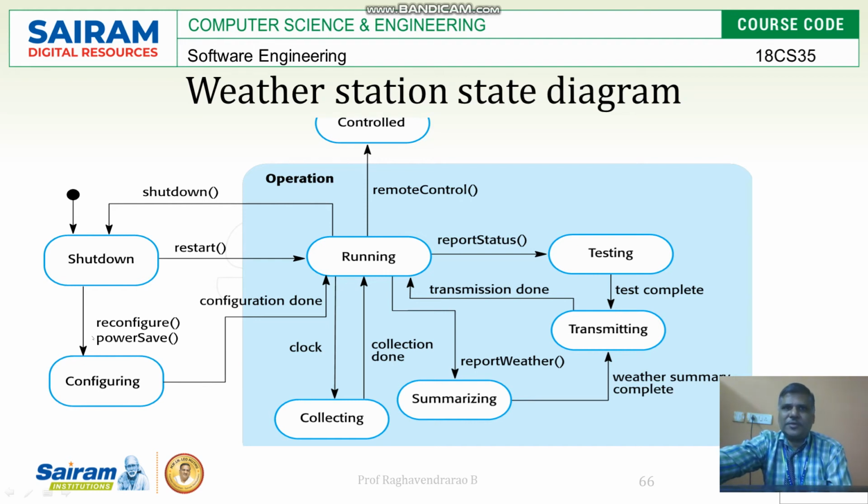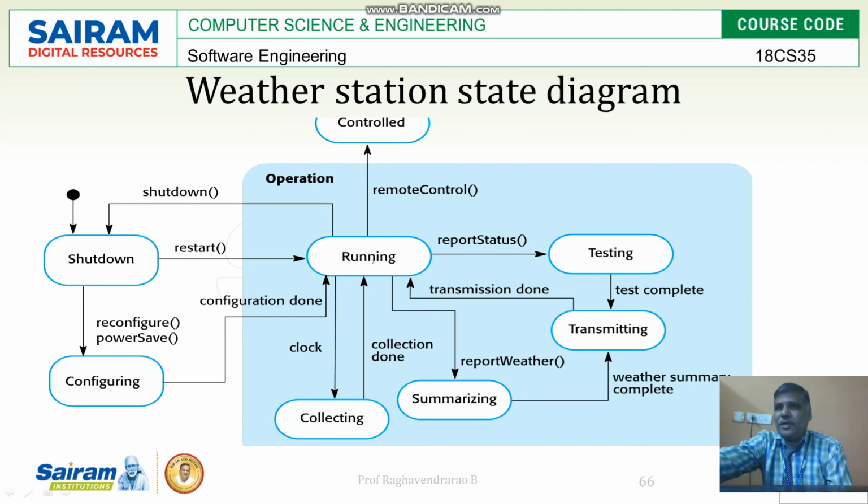Now you reconfigure the power saver. The configuration system checks whether the configuration is done or not, and the running state will be there. If the shutdown operation is given, it goes to shutdown. If the restart operation is given, it again goes to the run state. If it is controlled remotely, the control is there. Remotely it can be controlled in the running state.